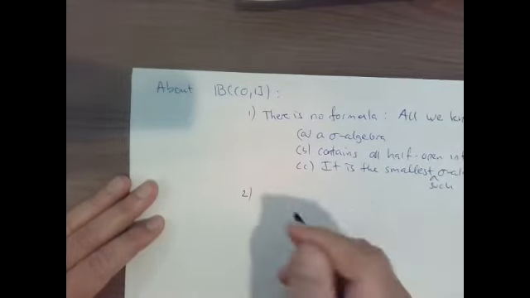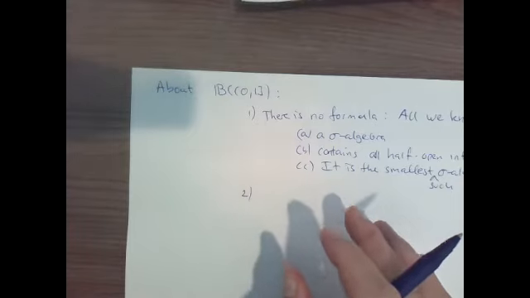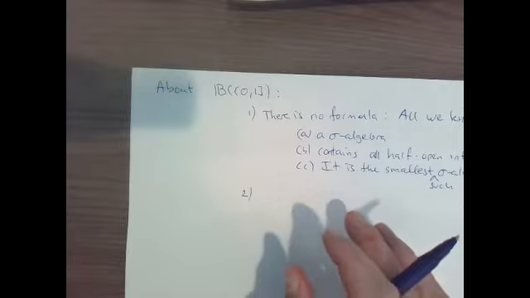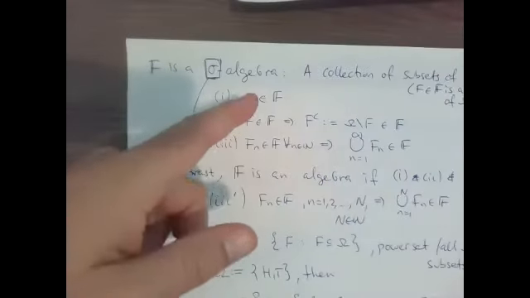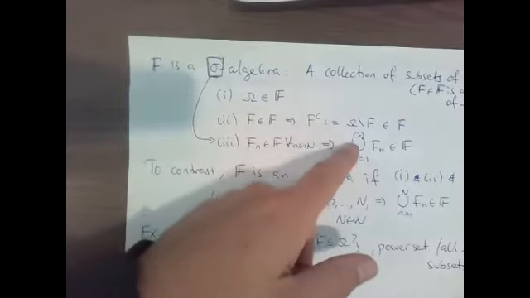We have the definition of the sigma algebra, so we know it satisfies these 3 properties. Omega is in there, complements are in there, and we can take countable unions and we'll be in there. But there are other things in there.